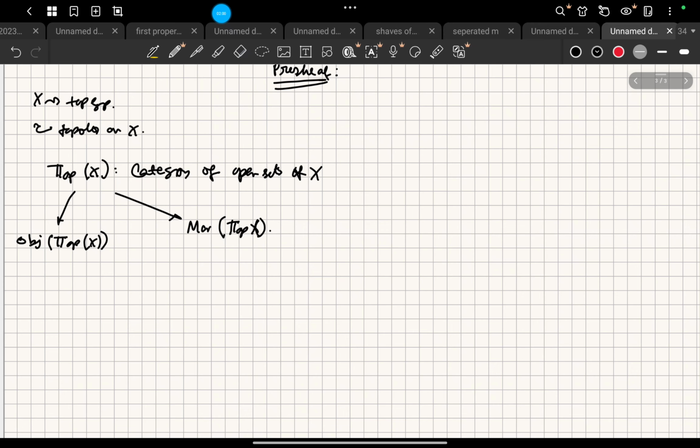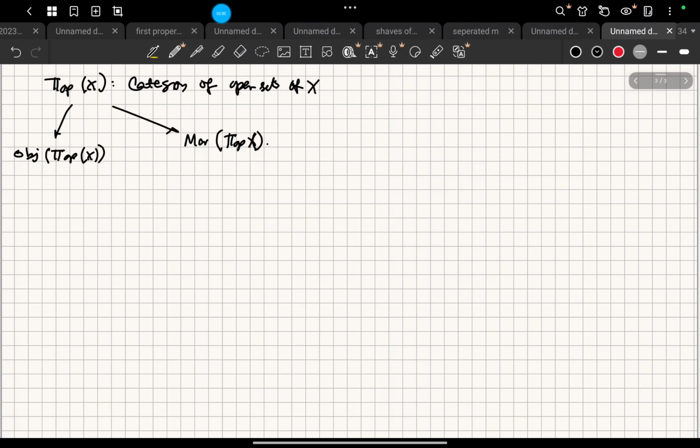So what are the objects of Top X? These objects are nothing but open sets, and morphisms are, suppose we have U, V, which are subsets of X, these are open sets, meaning the objects of the category.